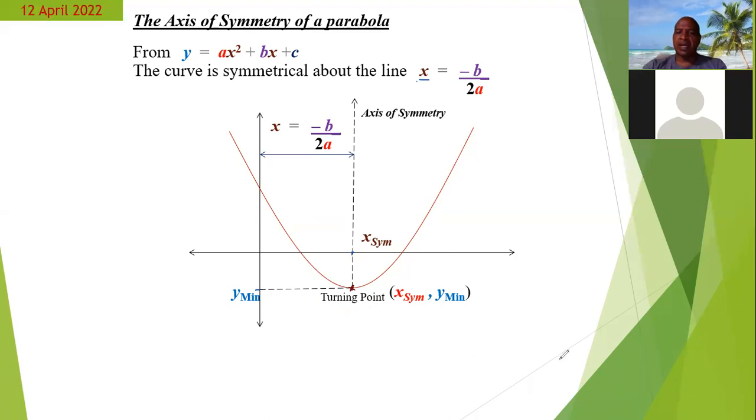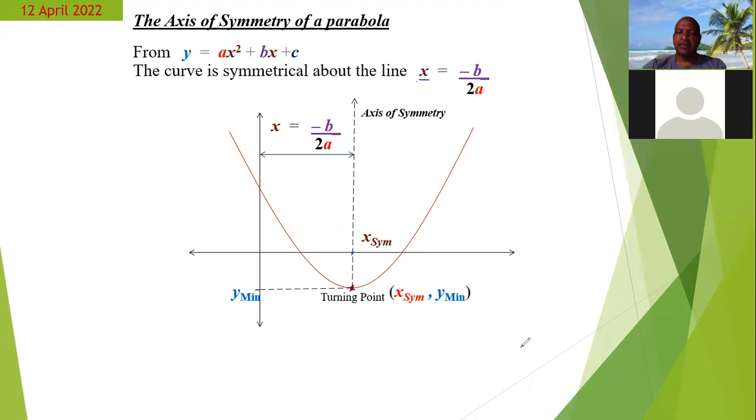So if you want to calculate the x values for the axis of symmetry, you use this formula here. Now, there's also a formula that you can use to calculate the y value for the minimum value.